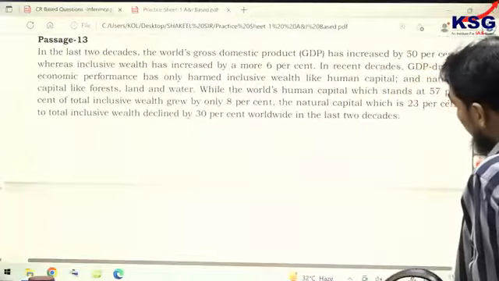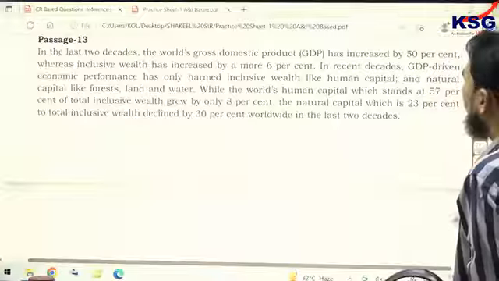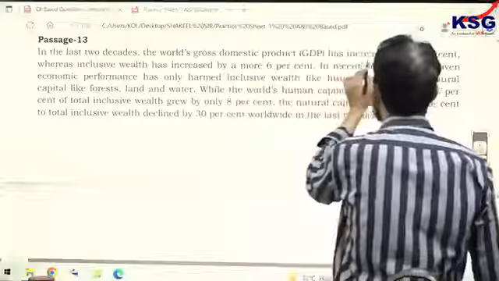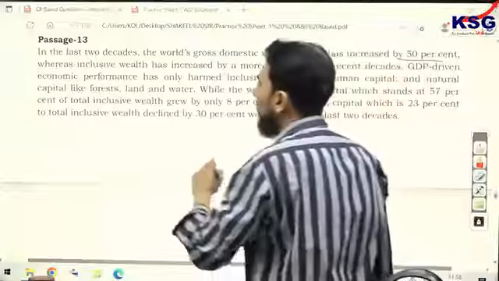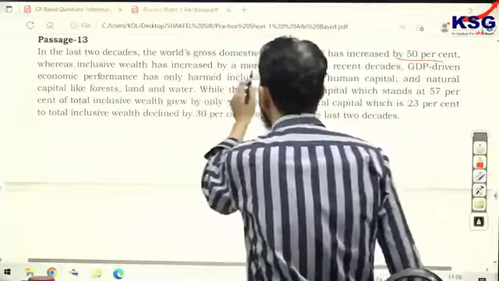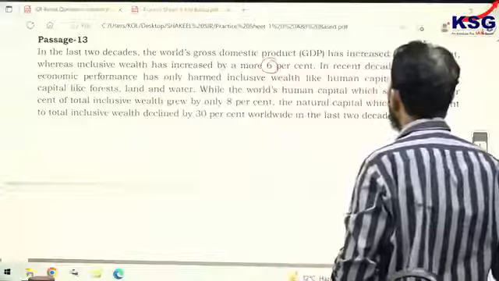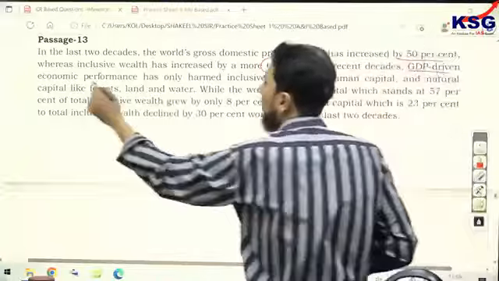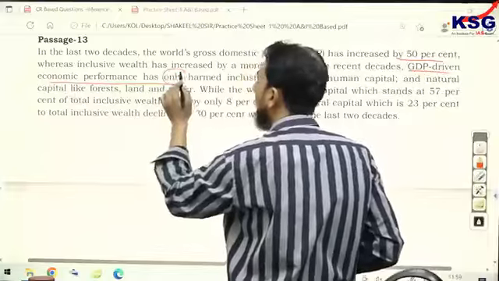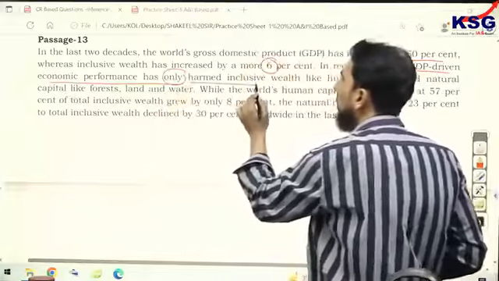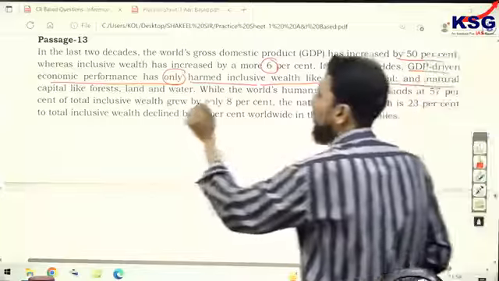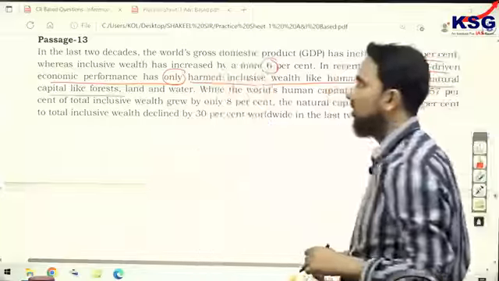Look, in this passage it's very clear that in the last decade the world's gross GDP has increased by 50%, whereas inclusive wealth has increased by a mere 6%. In the recent decade, GDP-driven economic performance has only harmed, focus on this line, only harmed inclusive wealth like human capital and natural capital like forests.